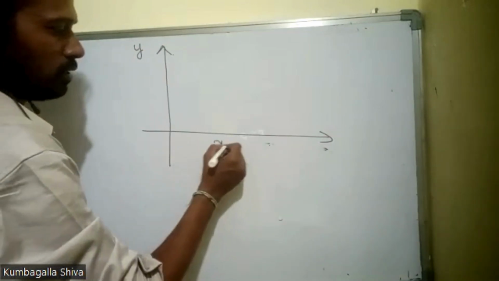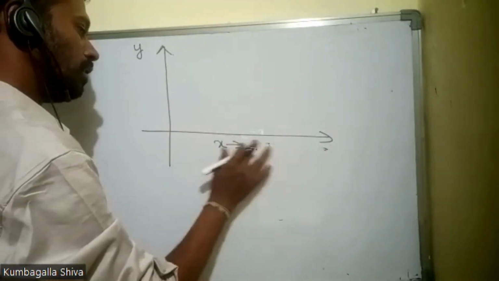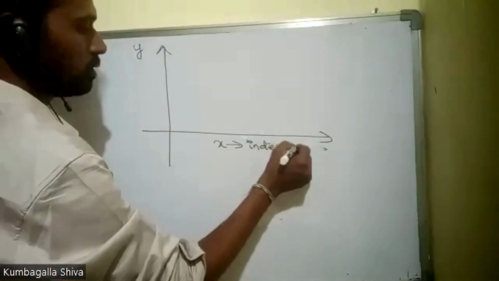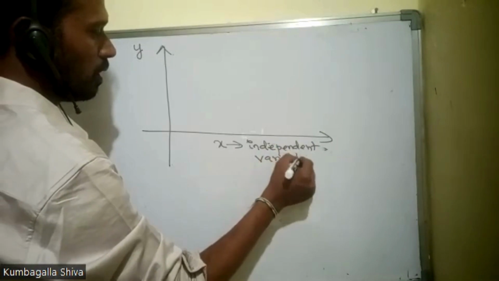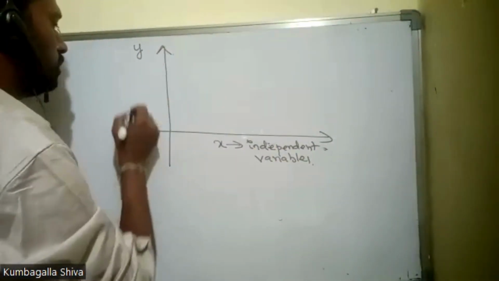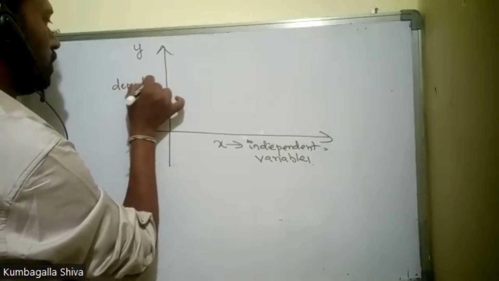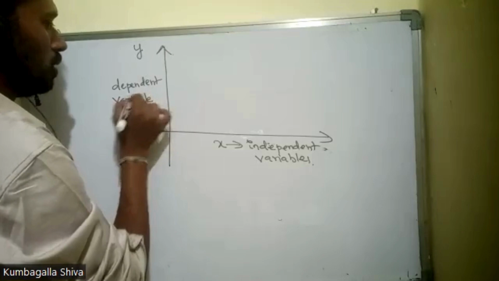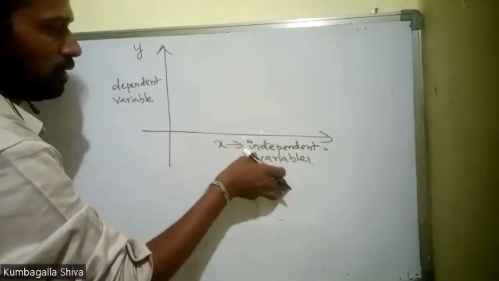Remember, always on the x-axis there will be independent variables, and on the y-axis there are dependent variables. So x is independent, and y is depending on x.